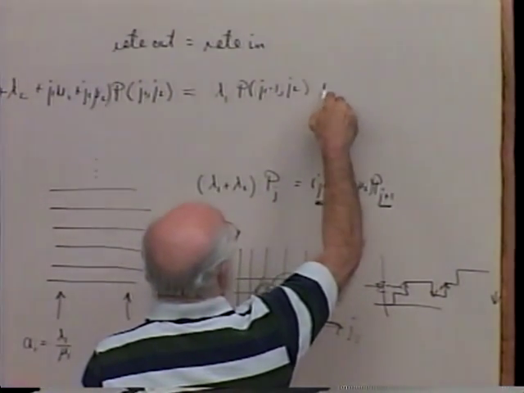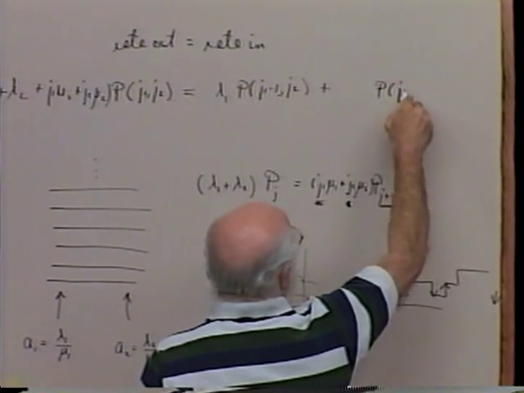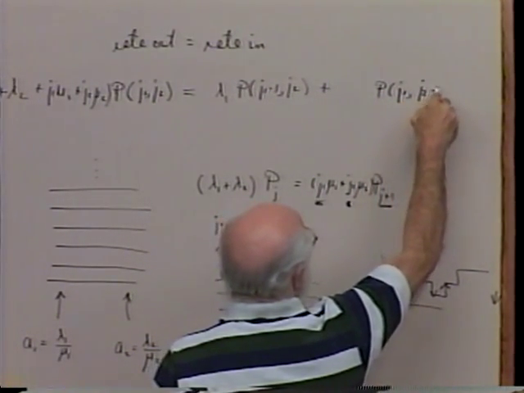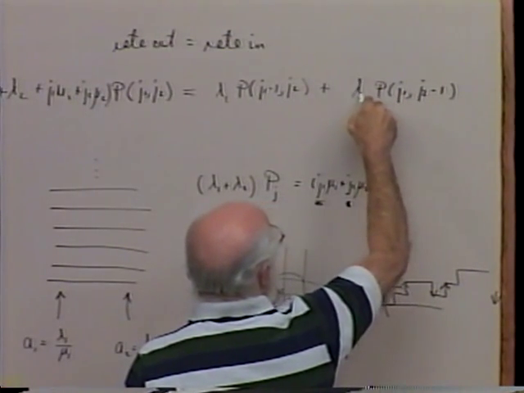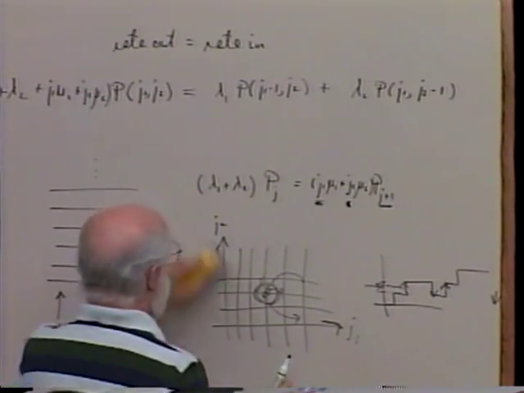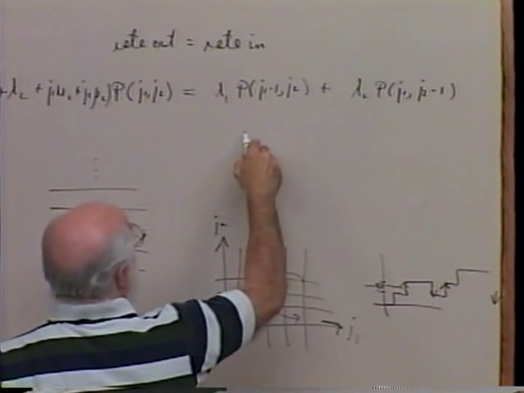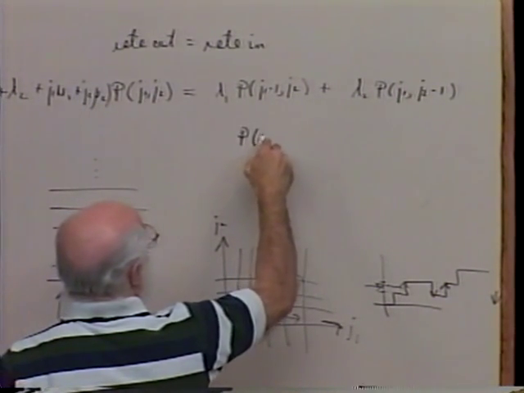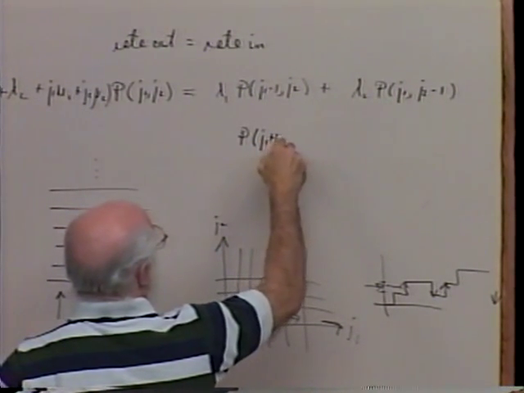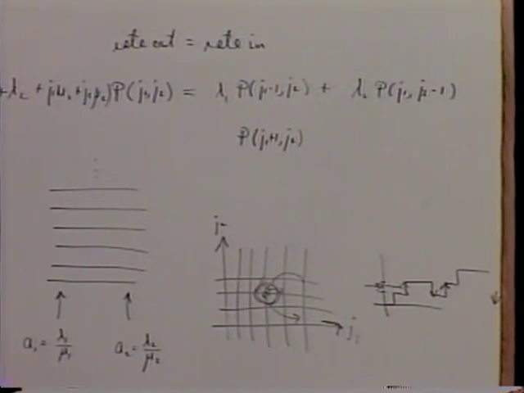Okay, how about arrivals from the other stream? Well, I could be in state J1, J2 minus 1 and have an arrival from stream 2. The rate at which that occurs is lambda 2. Or I could be in state J1 plus 1, J2, and have a departure from stream 1.